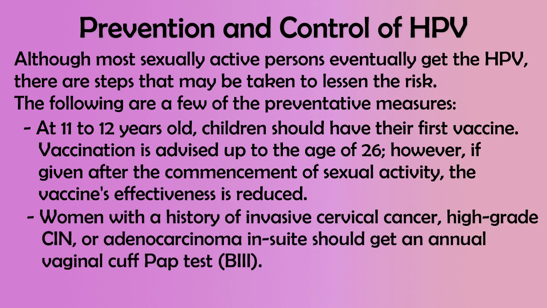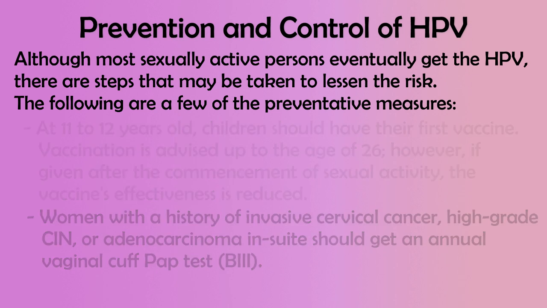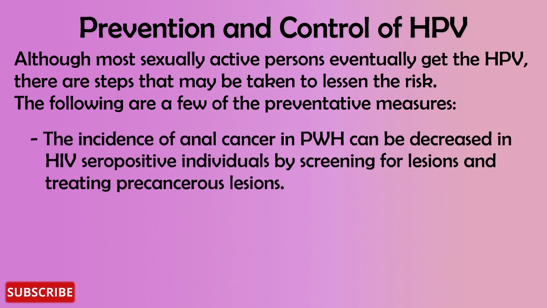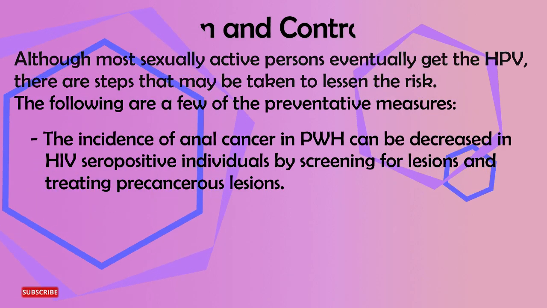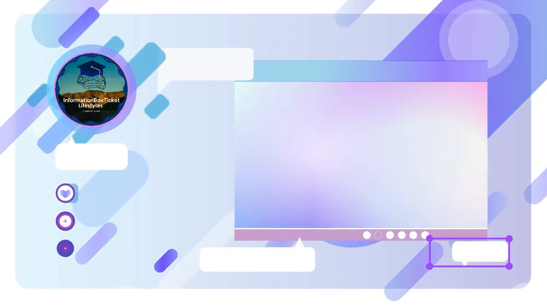Women with a history of invasive cervical cancer, high-grade CIN, or endometrial carcinoma should get an annual vaginal cuff Pap test. The incidence of anal cancer in people with HIV can be decreased by screening for lesions and treating precancerous lesions. And that's it for today.